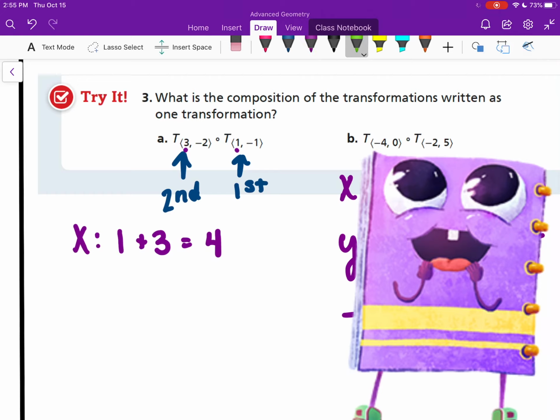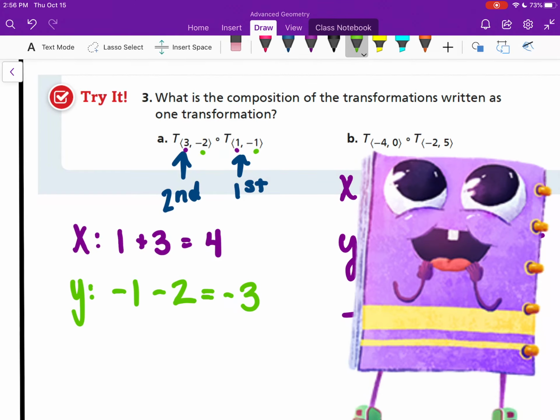For the y, we do the second one first, which means we start at -1. So wherever you are, you're going to go down 1. And then you're going to go down 2 more. -1 minus 2, which is -3. Remember that order matters when we're talking about subtraction.